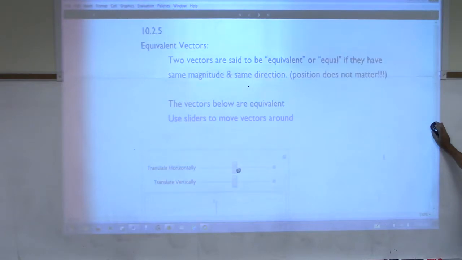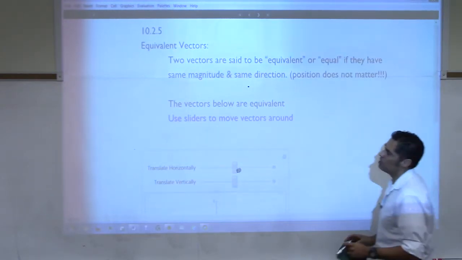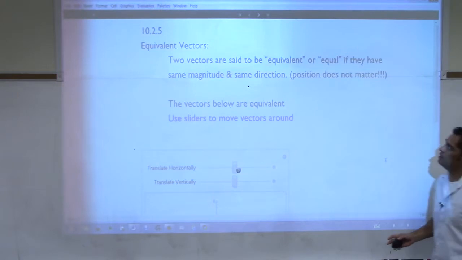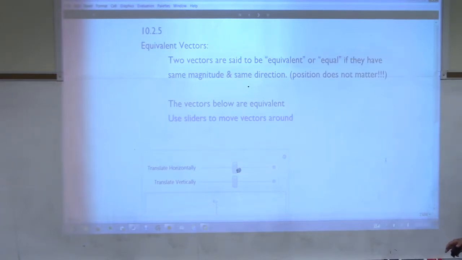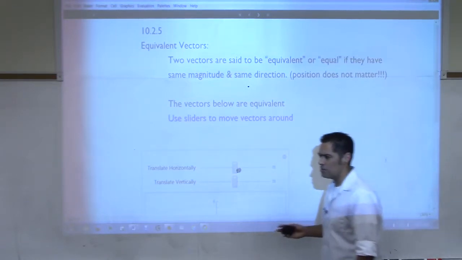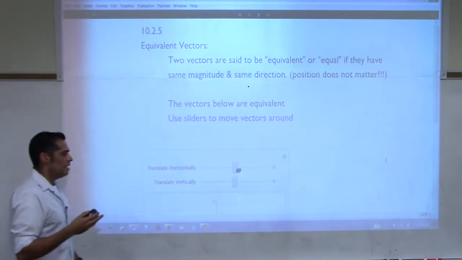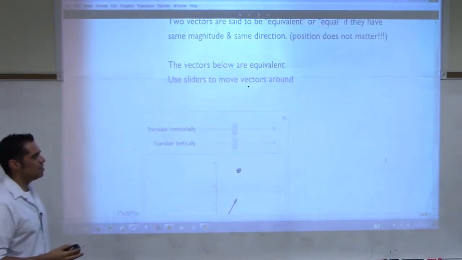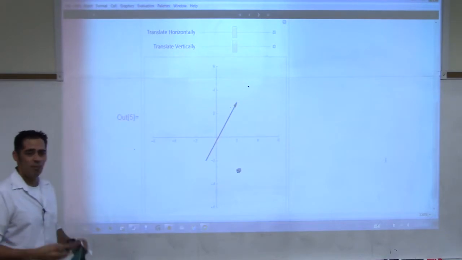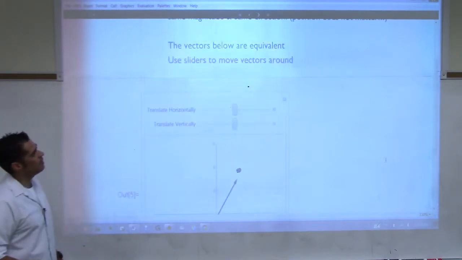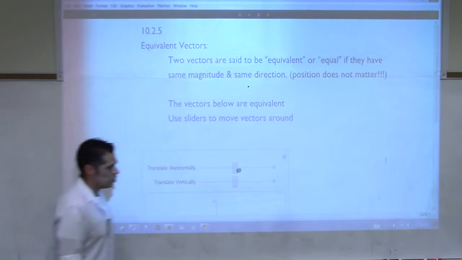All right, this is important. Two vectors are said to be equivalent or equal if they have the same magnitude and the same direction. Position does not matter. And this is why vectors are so important to us in physics and engineering, because it gives us a way to quantify something where position is not as important as the length and the direction.